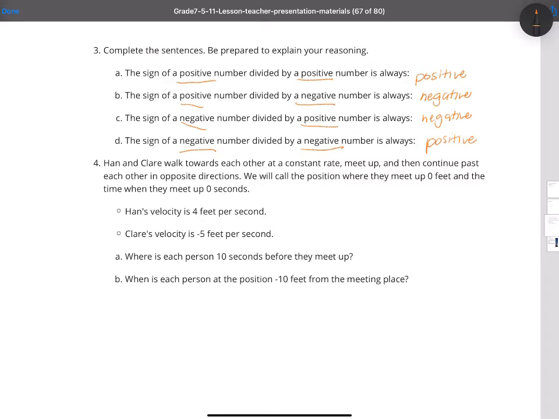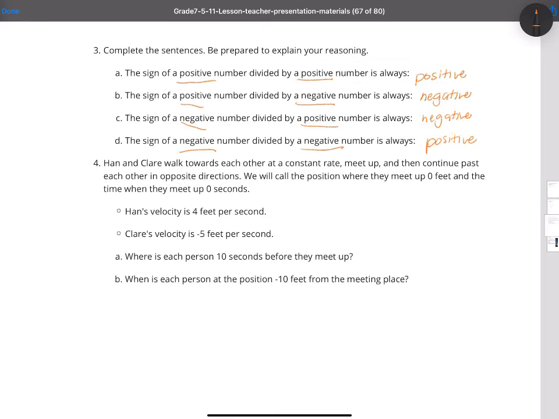All right. And for question 4, it says Han and Claire walked towards each other at a constant rate, met up, and then continued to walk past each other in the opposite direction. We will call the position where they meet up 0 feet and the time where they met up 0 seconds.